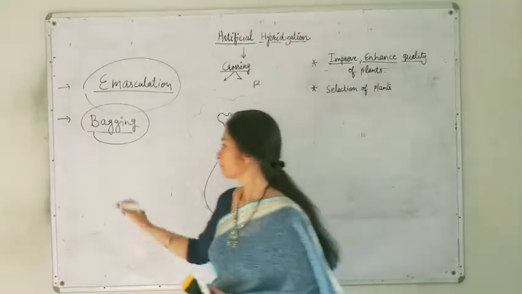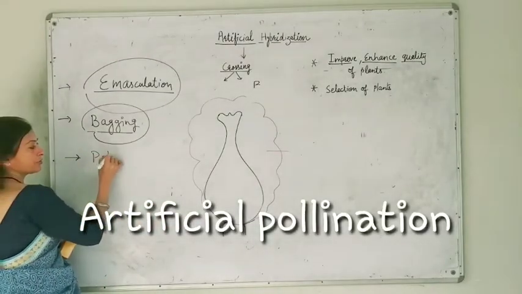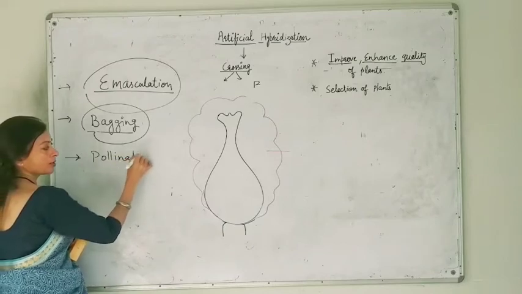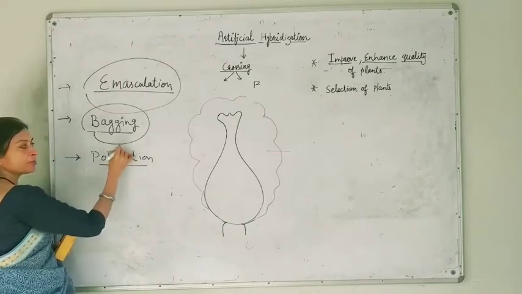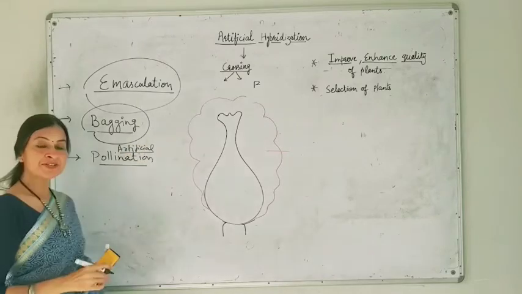The third step is pollination. Pollination here will be artificial pollination. Why am I saying artificial?